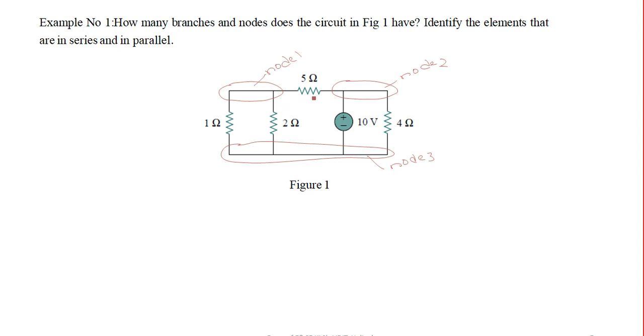Along with that, how many branches do we have? As we know, this is getting connected here, and this is getting connected here, so you can call it a separate branch: branch 1, branch 2, and this one as branch 3, 4, and 6. Okay, so this is the answer for this.